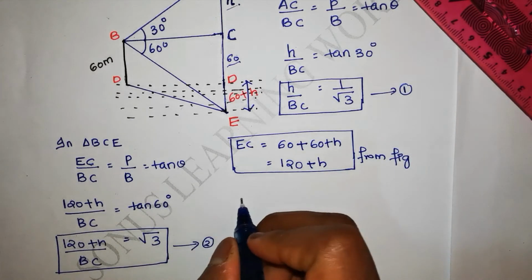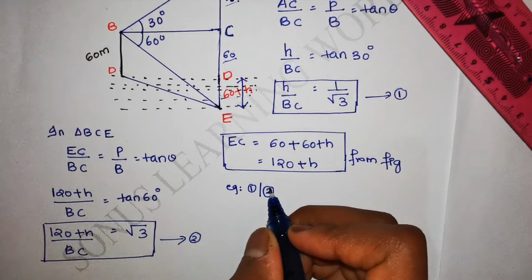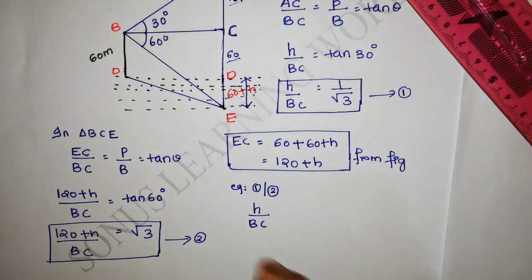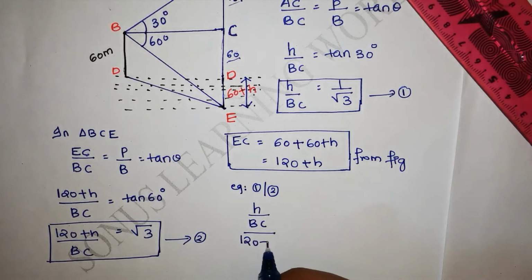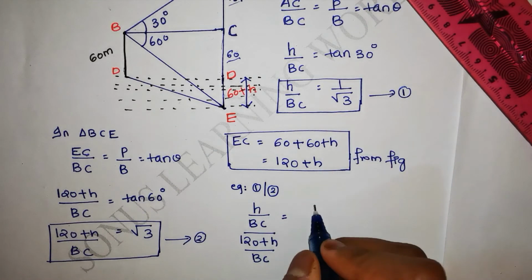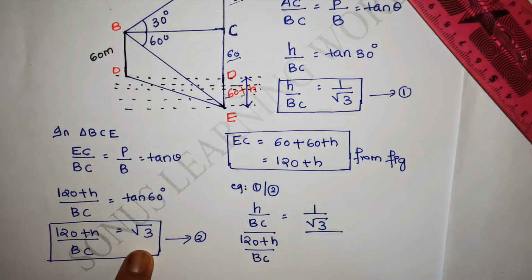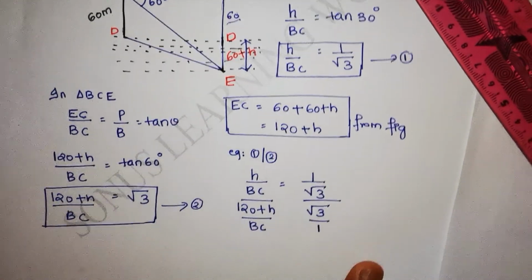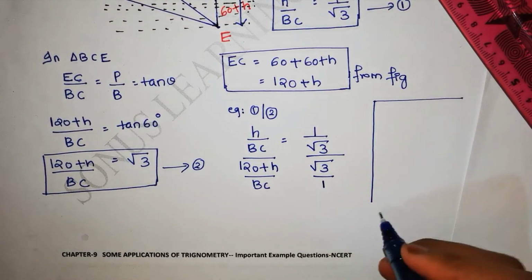Let me divide equation 1 by equation 2. My equation 1 is H by BC. This is the left hand side, and here the left hand side is divided by 120 plus H by BC. That is equal to, here the right hand side is 1 by root 3 divided by root 3, which means root 3 by 1. Students, I have already told you this one.